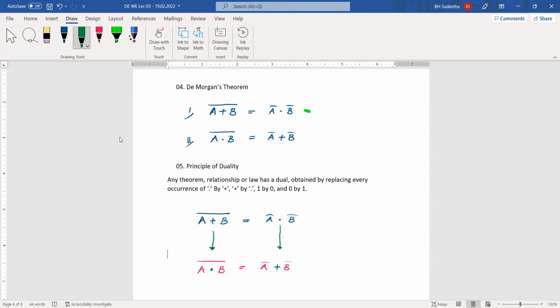Then what is this? This is the first part of De Morgan's theorem. And when you apply the principle of duality here, we have received the second part of De Morgan's theorem.